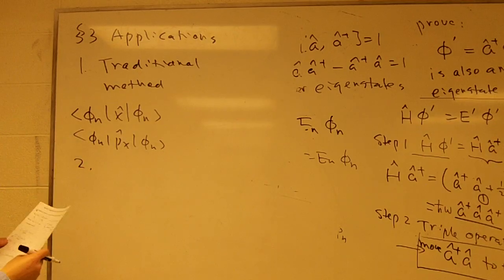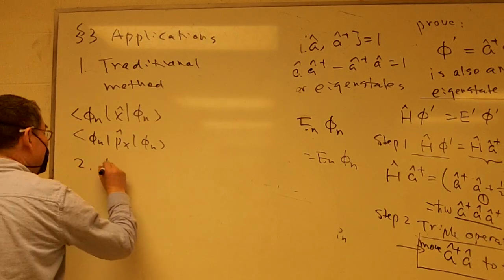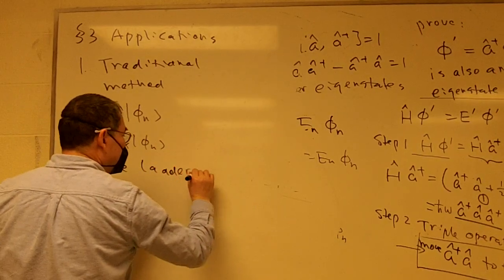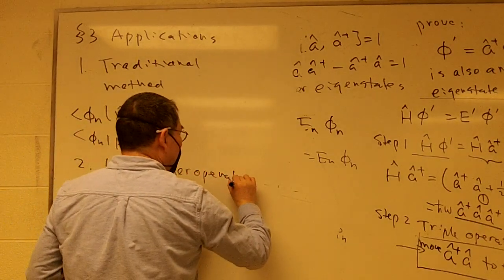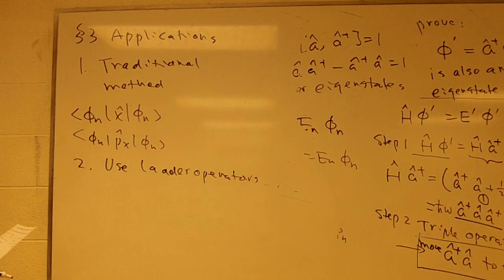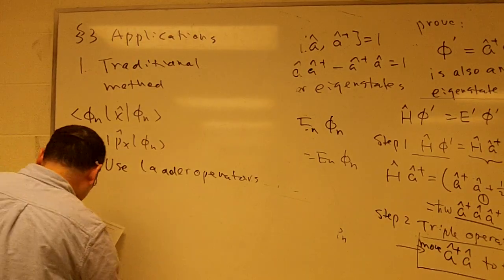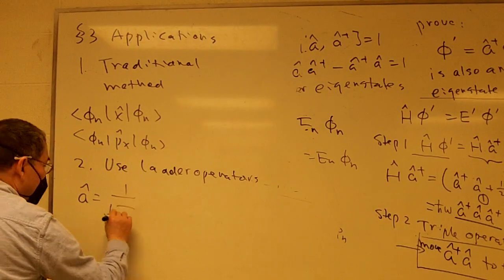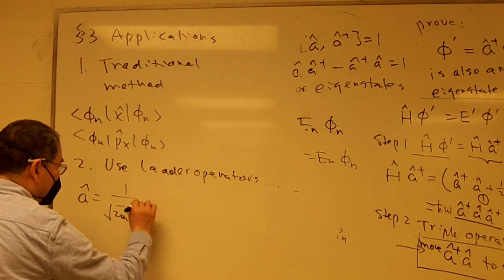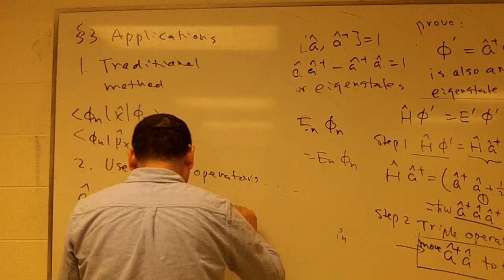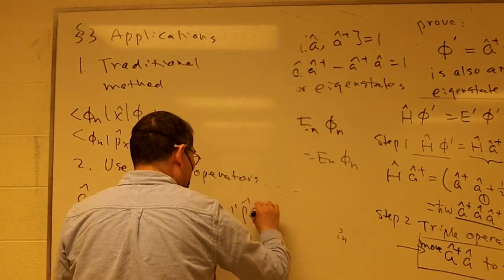But if we use a ladder operator, things become much simpler. Essentially, we do the following. We know a hat equals 1 over square root of 2m h bar omega, times m omega x hat plus i p_x hat.